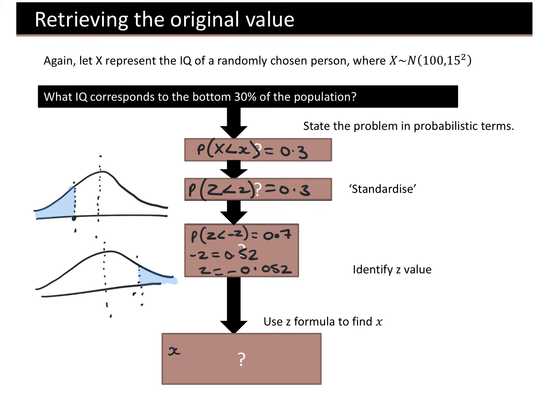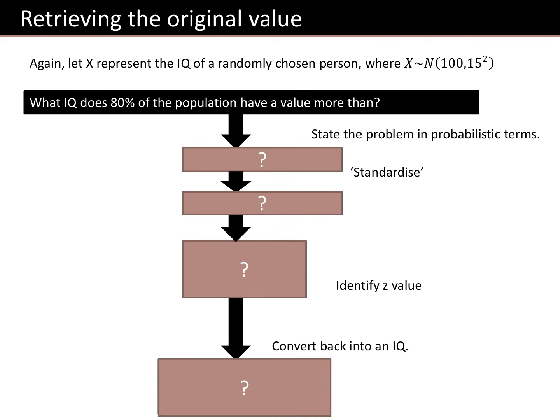So then we're going to have x minus 100 over 15 equals negative 0.52. So our x value is 92.143.